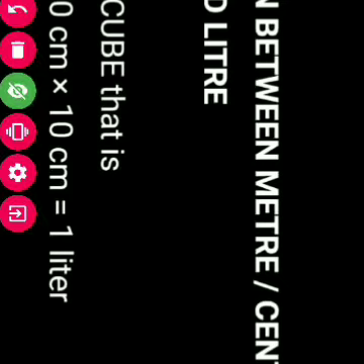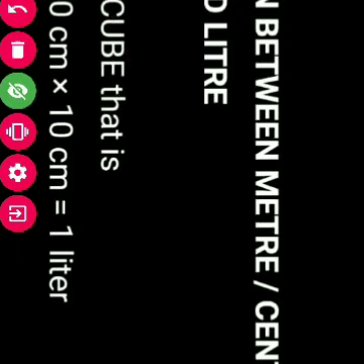Now what is the relation? You may be surprised that we always measure volume in liters. You buy milk in liters, you buy oil in liters, but how can it be in centimeter cube or meter cube? There is a relation between centimeter cube and liter. The relation is 1000 centimeter cube. What is 1000 centimeter cube?